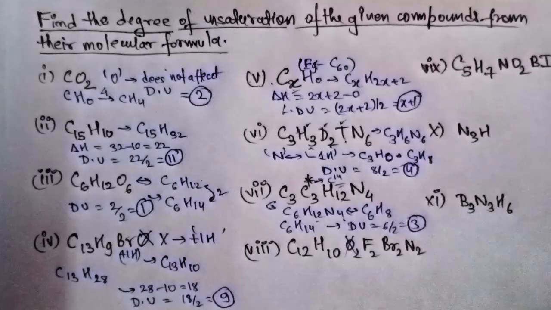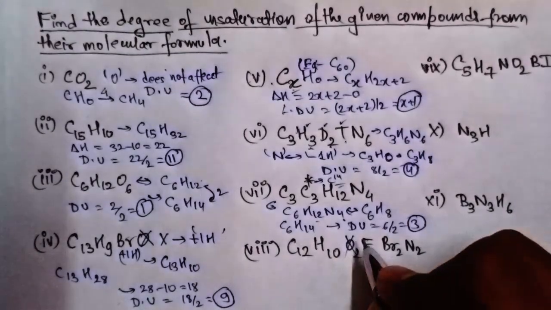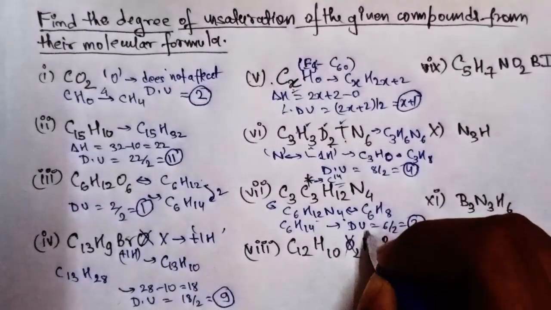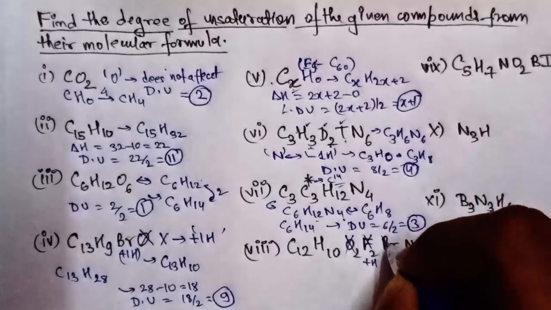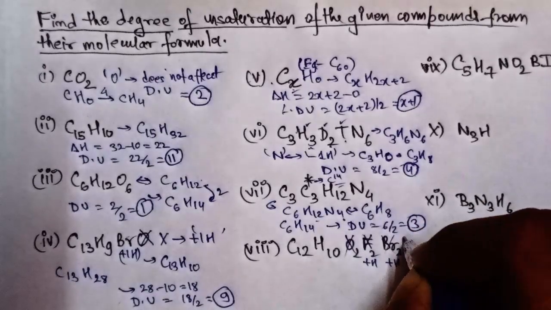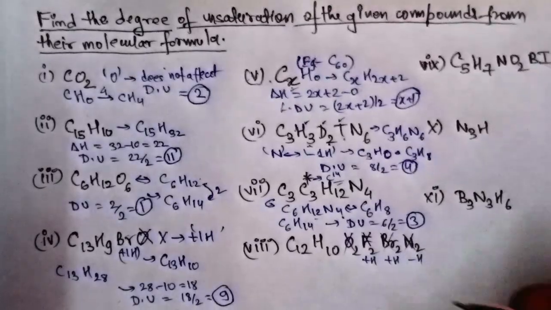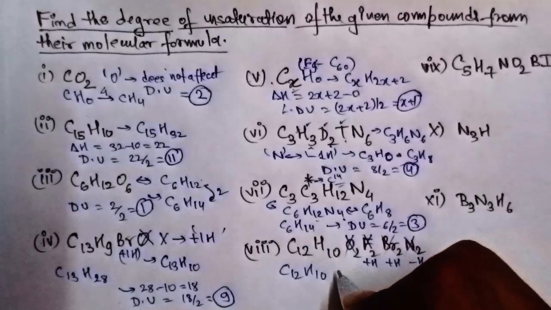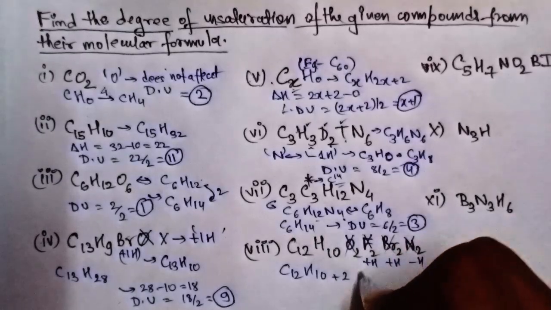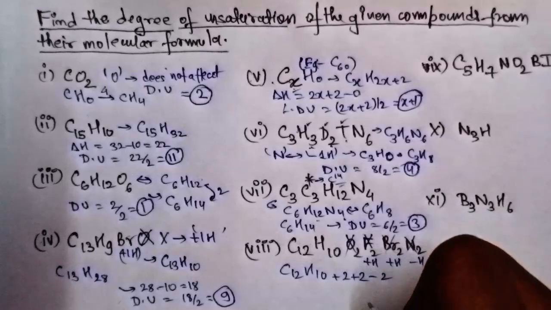For the eighth problem, oxygen will not contribute any degree of unsaturation. Fluorine, being a halogen, will contribute to plus hydrogen. Bromine is also a halogen, it will contribute to plus hydrogen, and nitrogen will contribute to minus hydrogen. Therefore, the molecular formula becomes C12H10. We need to add 2 hydrogens for the fluorine, again add 2 hydrogens for the bromine, and subtract 2 hydrogens for the nitro.